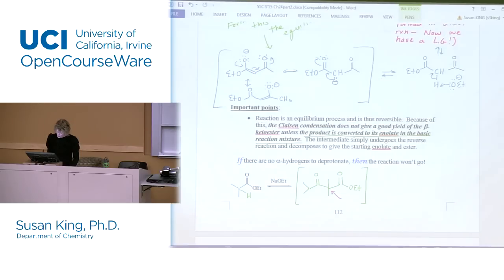Notice there are no alpha hydrogens to deprotonate. Therefore, you can only isolate very small amounts or none at all.